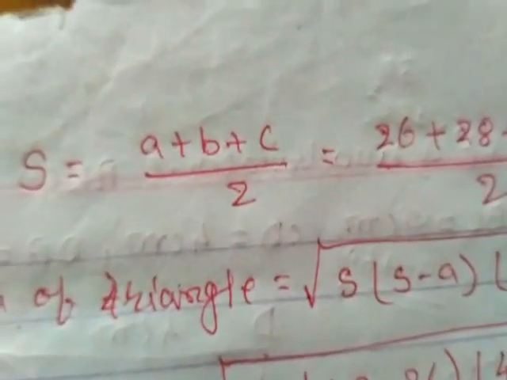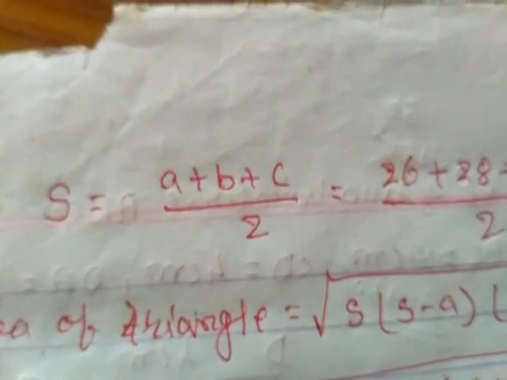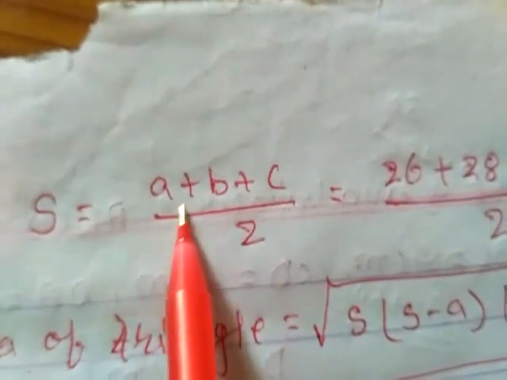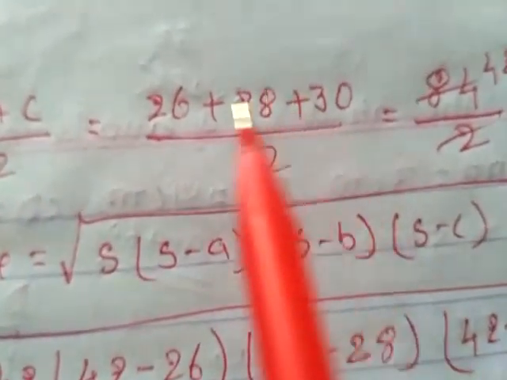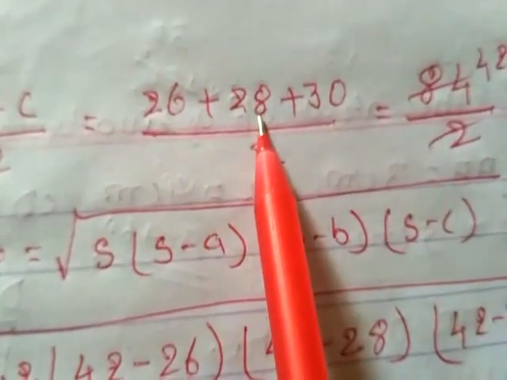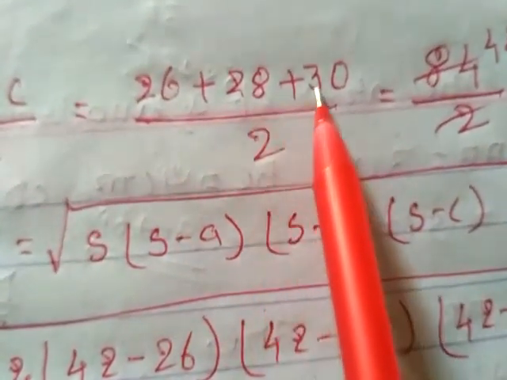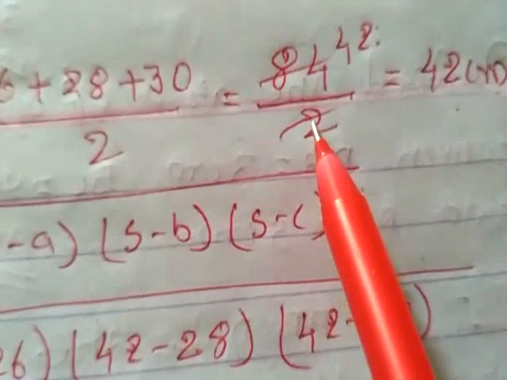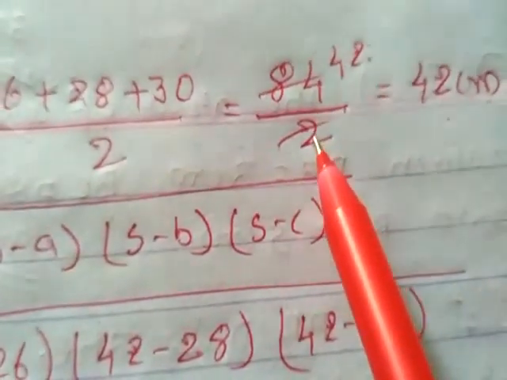So first we will find the area of the triangle by applying Heron's formula. So S equals (a plus b plus c) by 2, and the sides of the triangle were 26, 28 and 30. So 26 plus 28 plus 30 by 2. On adding them together, we have 84 by 2. 84 divided by 2 is 42.